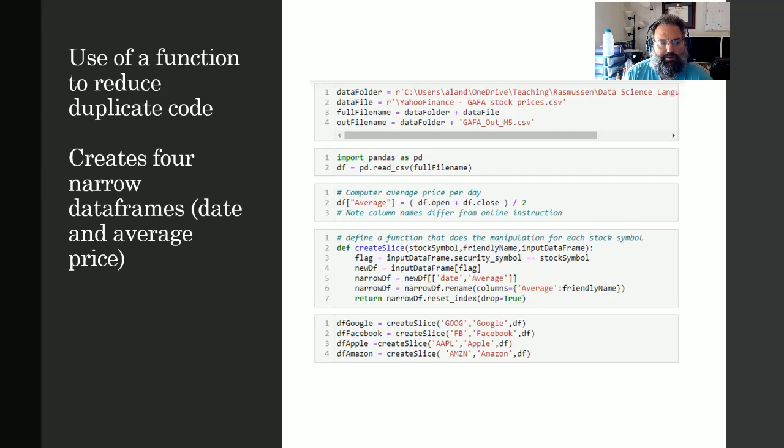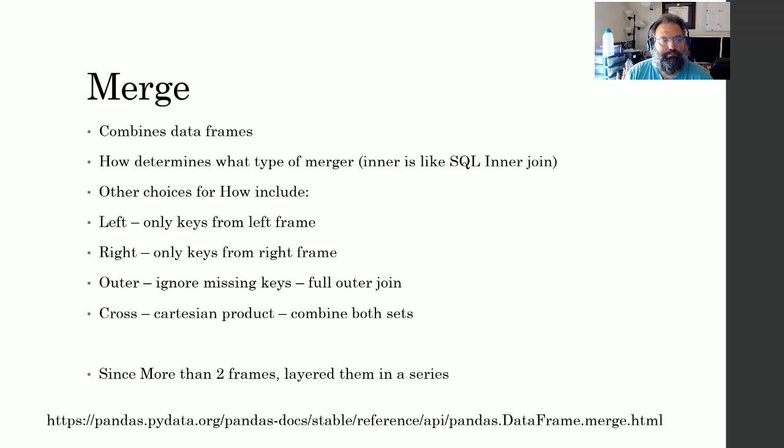You could easily do the same thing, the code that's inside of that function, create slice, in line for each one of the stocks, but if you find yourself doing the same stuff over and over again, maybe it's time for a function, and that's what I'm doing here.